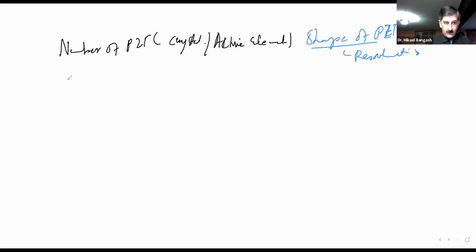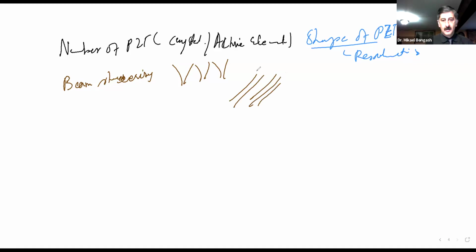Now there's going to be a mechanism of beam steering. How is it that your beam, as produced by the XYZ number of crystals, is being steered in different directions?